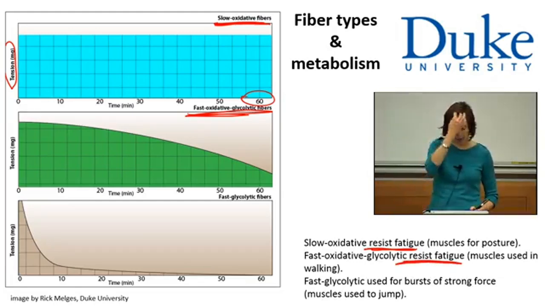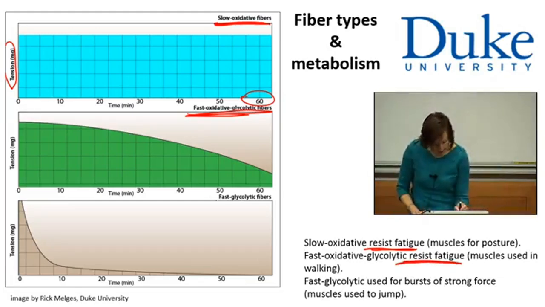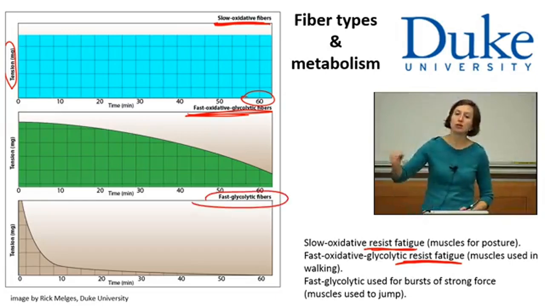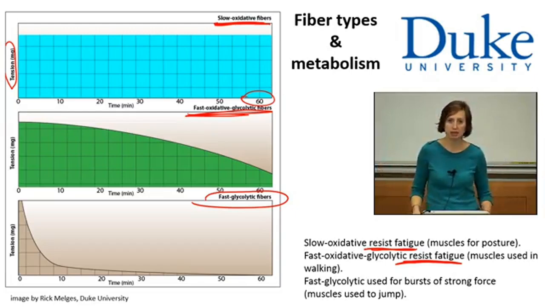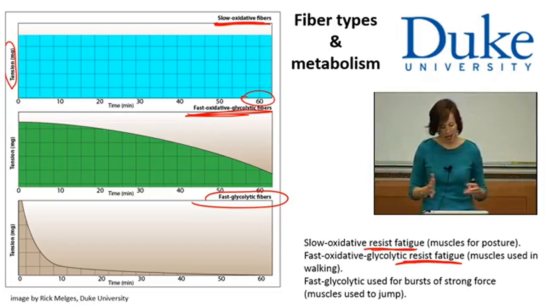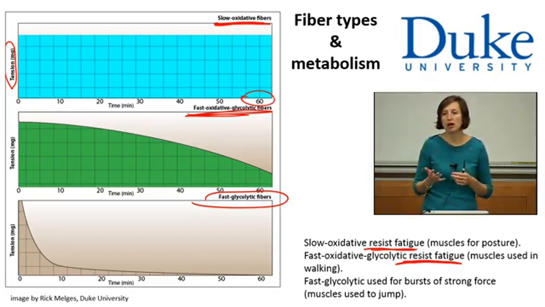And this is going to be in contrast to the fast glycolytic fibers that also have fast myosin ATPase, but they rely very heavily on glycolytic metabolism, which we said is going to last about 1.5 minutes. And so they can produce a lot of force quickly because it's a fast ATPase, and they tend to be larger in diameter.